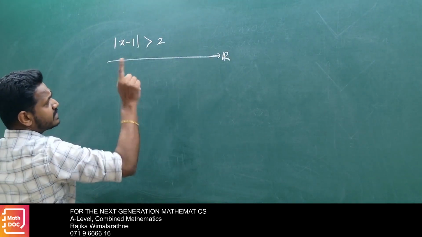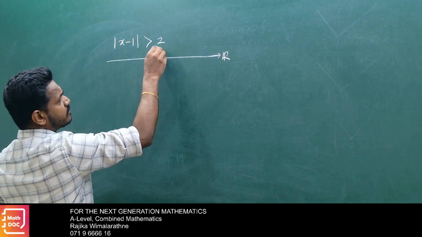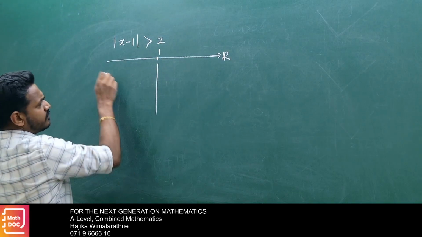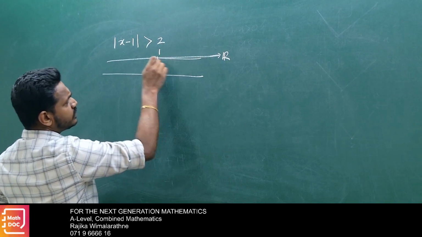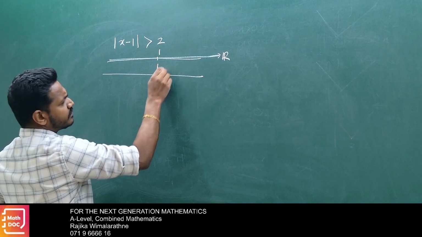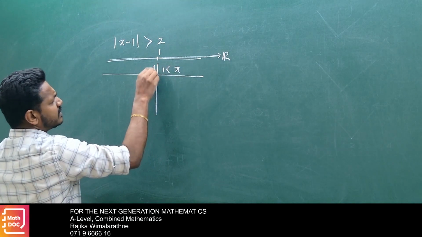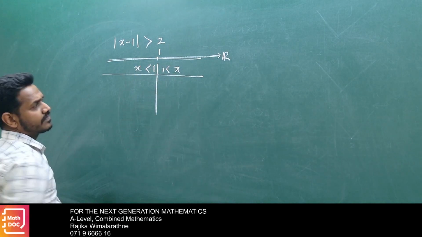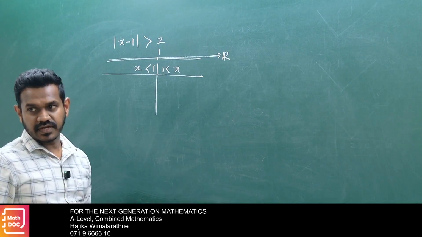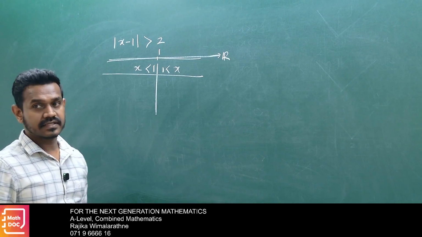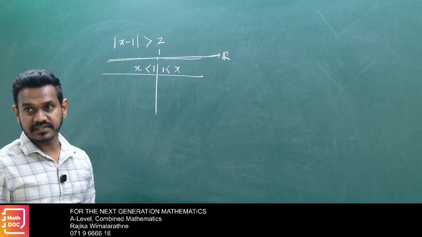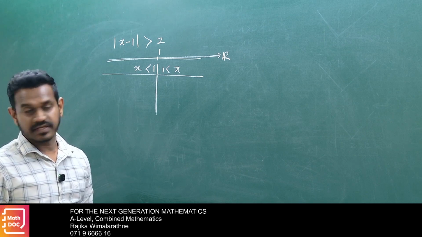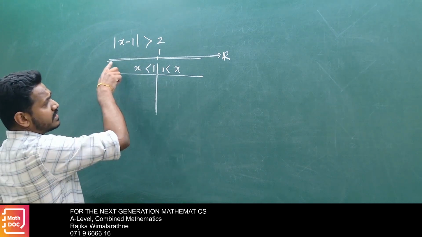Now the real number line. Here the zero value is 1. Mark it. Then we can see two segments: greater than, less than. So I am going to write the modulus definition here.